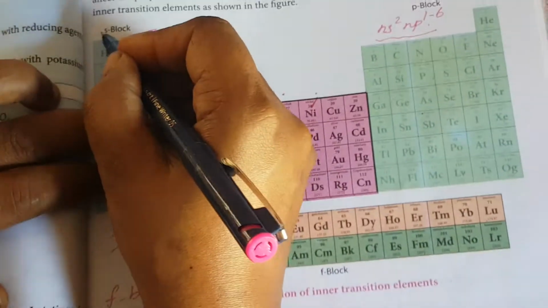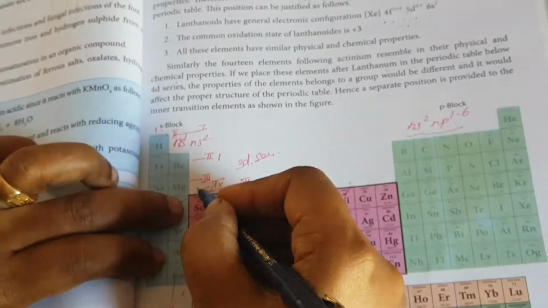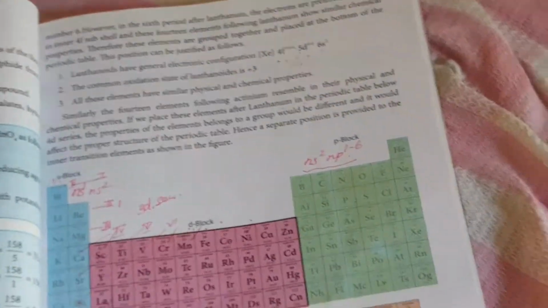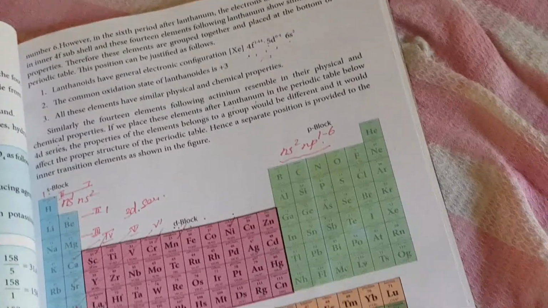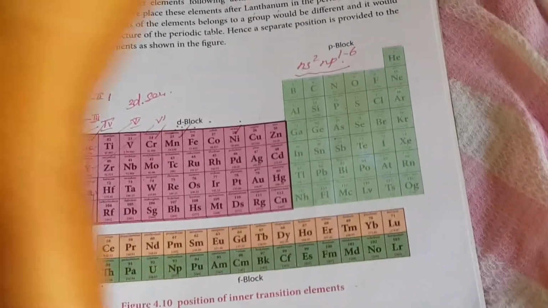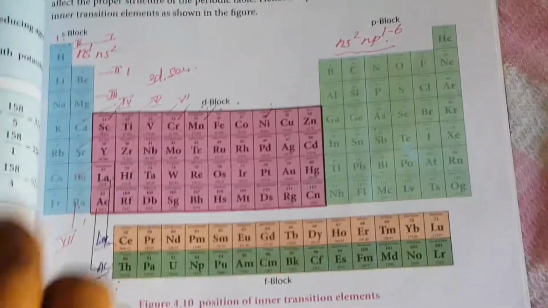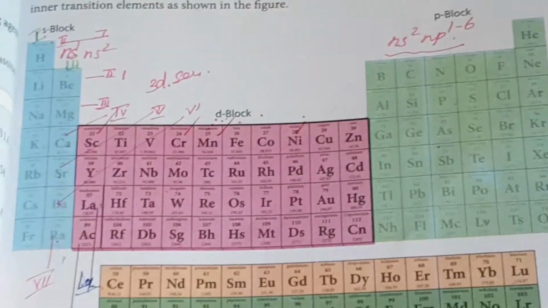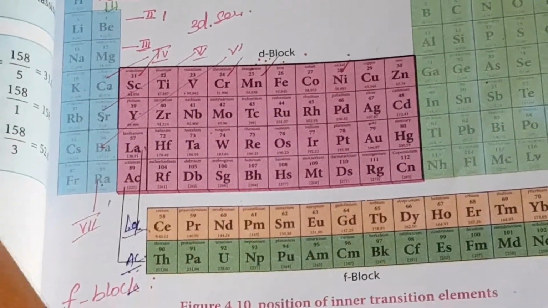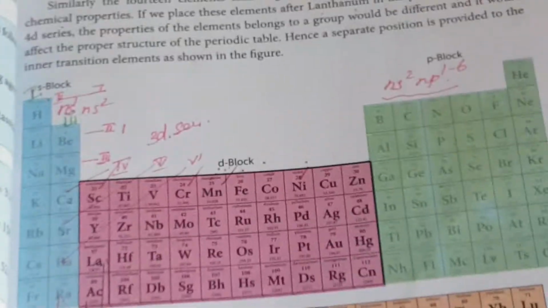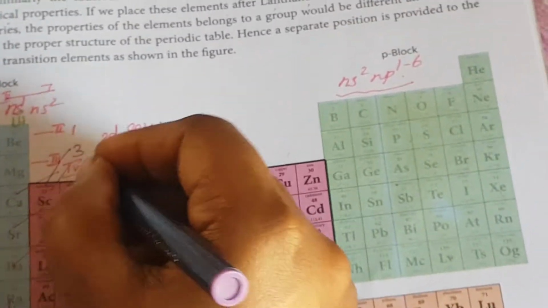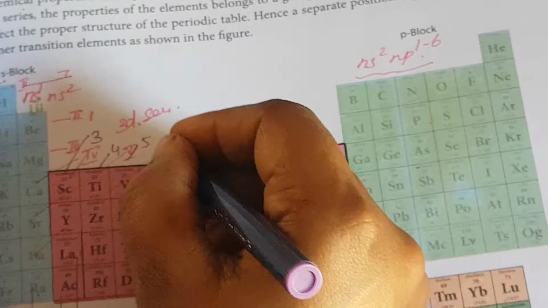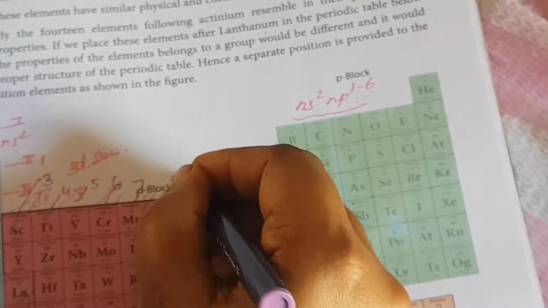In the D block elements, this is the first group, this is the second group, this is the third group, then fourth, fifth, sixth, seventh, 8, 9, 10, 11, 12.